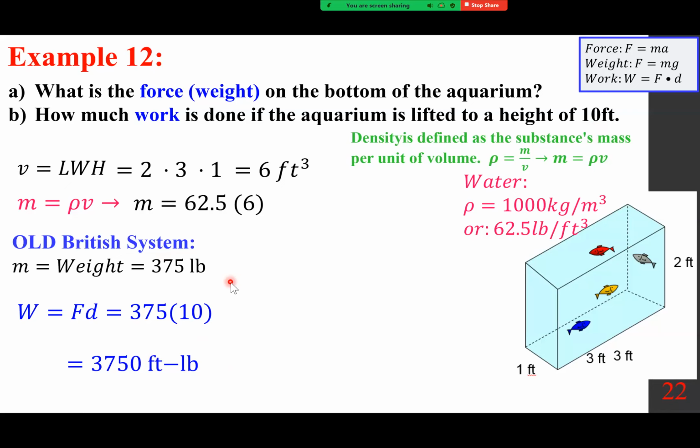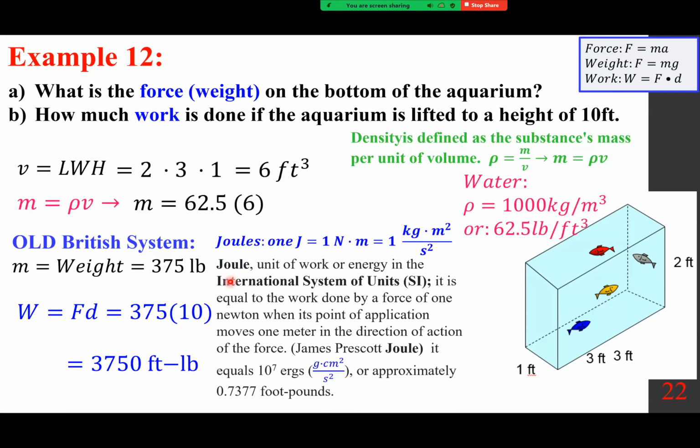The unit of work for the metric system is the joule. 1 joule is 1 Newton times 1 meter. And Newton here is M times A. M stands for the mass, kilograms. A is for the acceleration, meters per square second. And then another meter makes it meters squared.